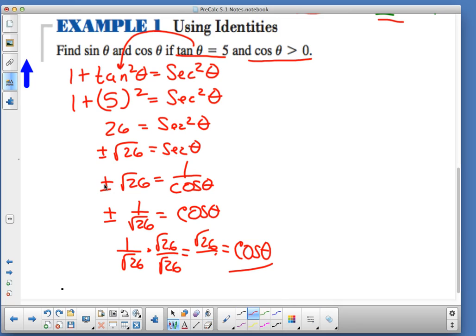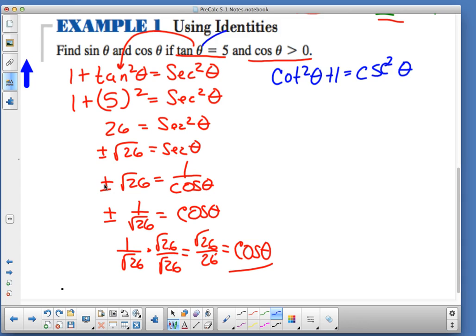Let's talk about the other thing I was supposed to find, and that is my sine. So I'm going to go back and grab the other Pythagorean identity, cotangent squared theta plus 1 is equal to cosecant squared theta. And now remember, we're supposed to know that cotangent and tangent are reciprocals of each other.